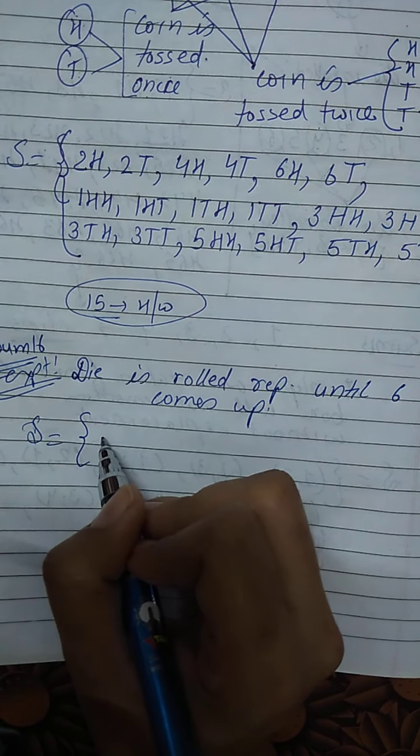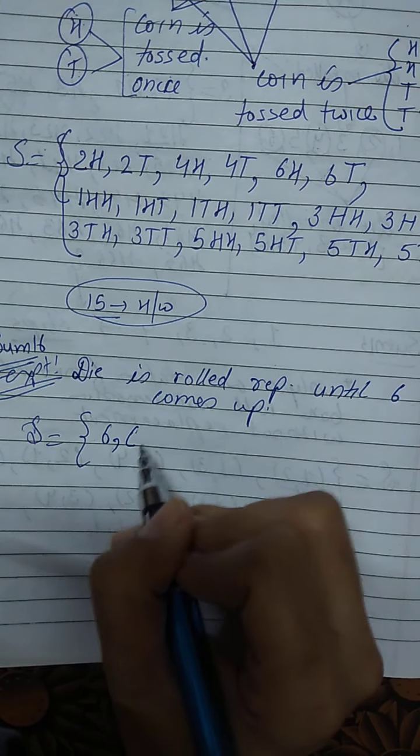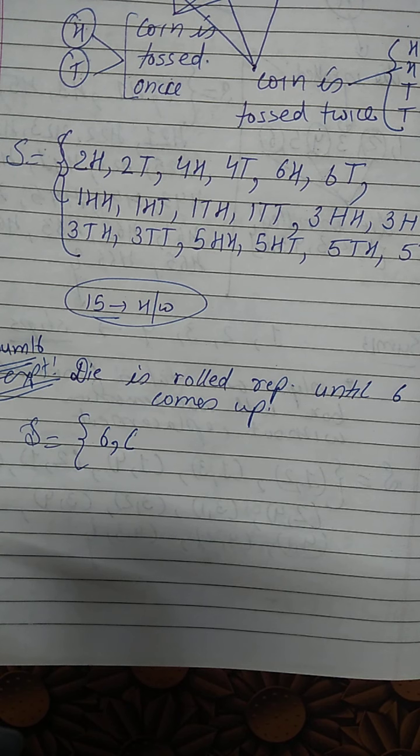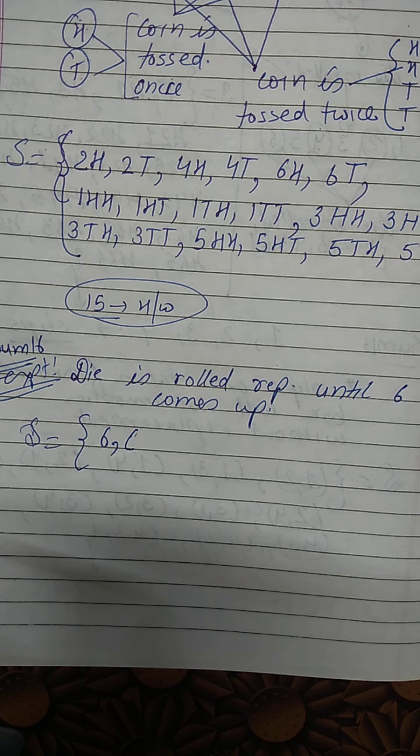So what are the possibilities? In the very first attempt 6 can come, or it comes in the second attempt. If 6 comes in the second attempt, then in the first attempt it can be 1, 2, 3, 4 or 5.